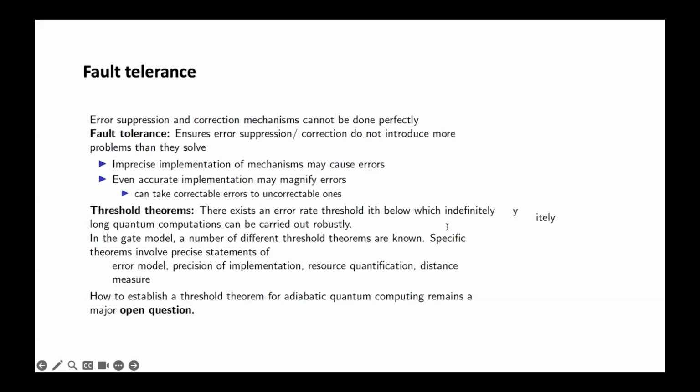Fault tolerance ensures that error correction does not introduce more problems than it solves. These problems usually arise because imprecise implementation of the mechanics may cause errors, and even accurate implementation may magnify errors. So there is a realistic worry here.